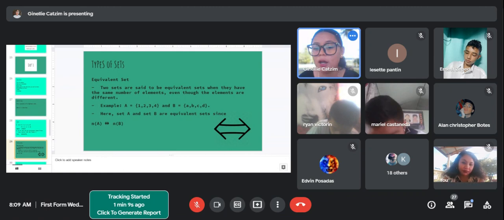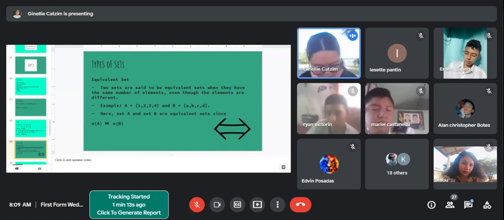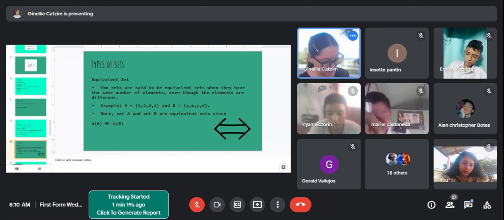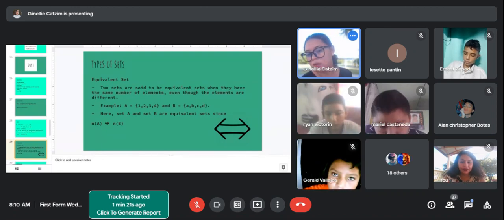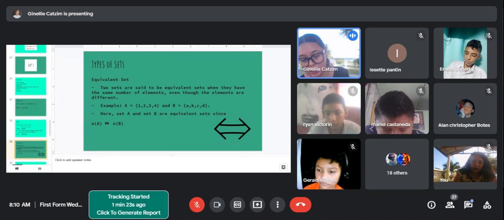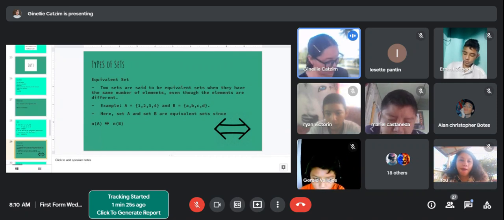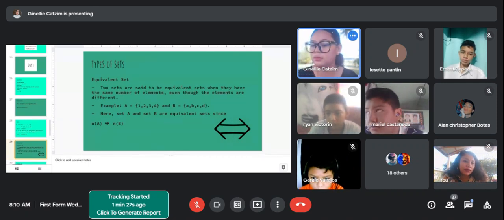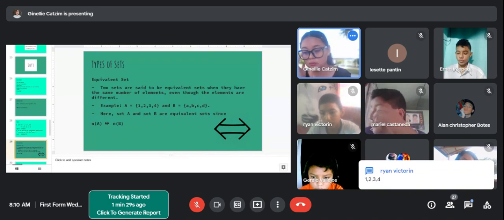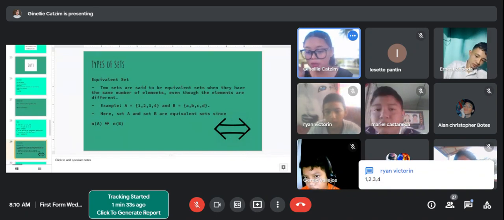Equivalent sets. Any of you have an example? Let's see if someone can give me an example of an equivalent set. Maybe just a set that has two elements. It doesn't have to be a big set. For instance, 1, 2, 3, and 4. Yes.